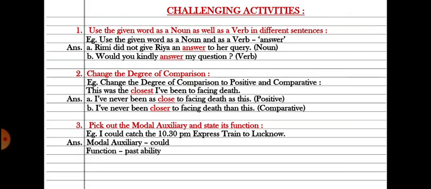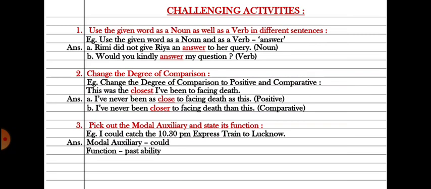And finally, let's have a look at some of the different types of questions included under challenging activities. Question number 1. Use the given word as a noun as well as a verb in different sentences. For example, use the given word as a noun and as a verb, and the word is answer.